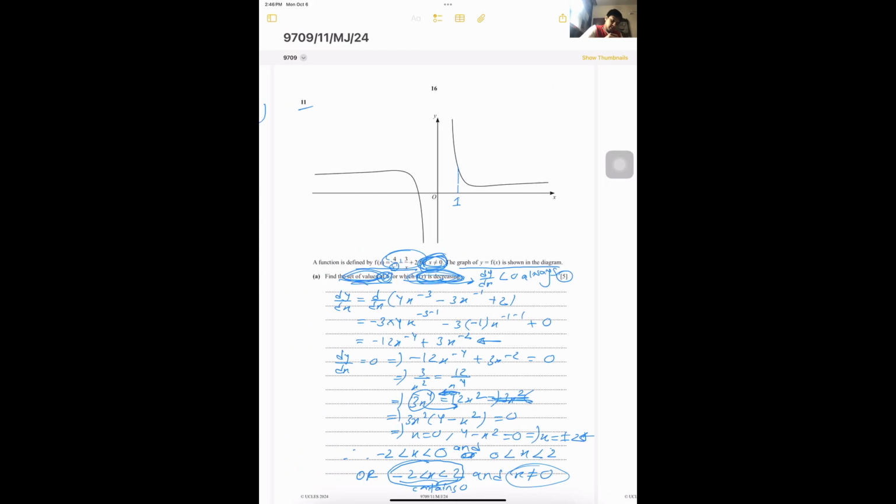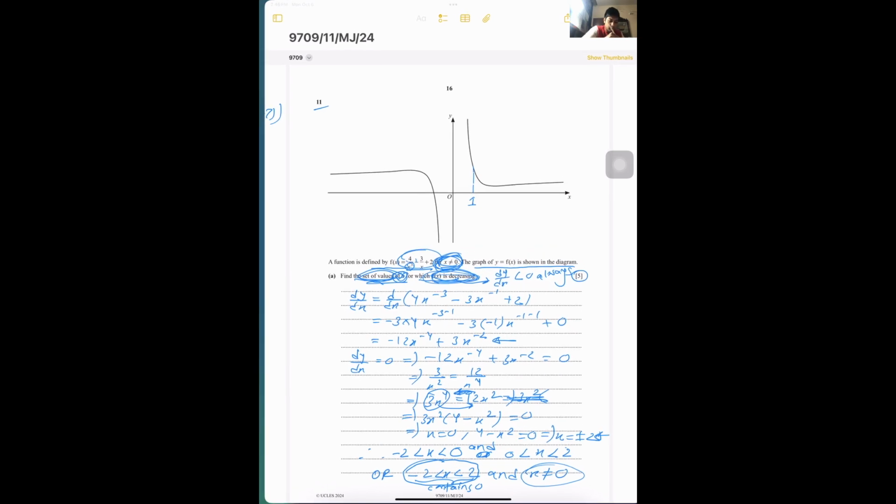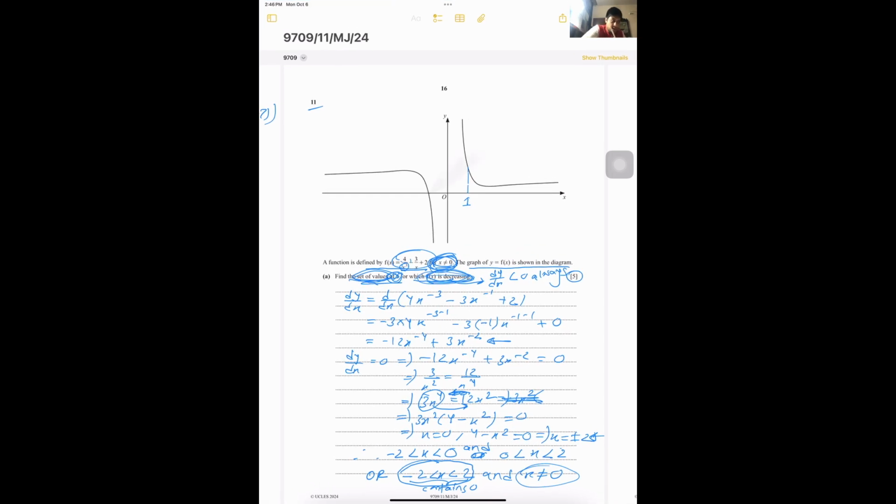So now let's say this point, let this point be x equal to -1.